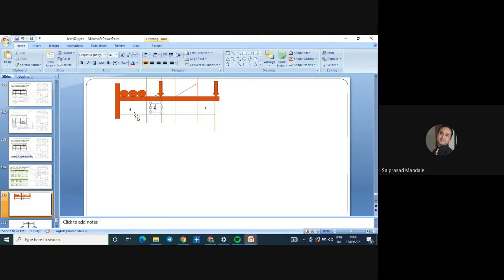It is in meter. Distance is in meter. It is 4. So 2. And the intensity of the UDL, let us take it as 3 kilonewton per meter.